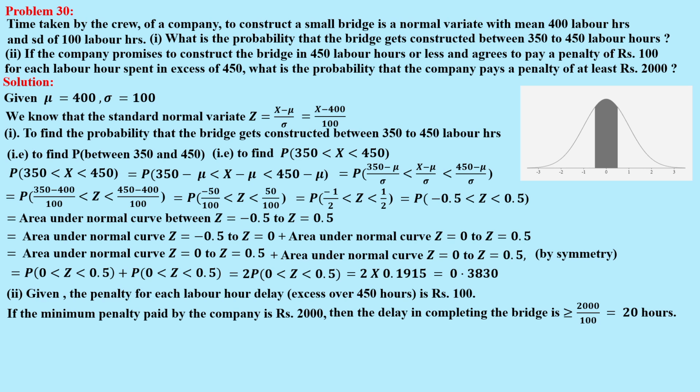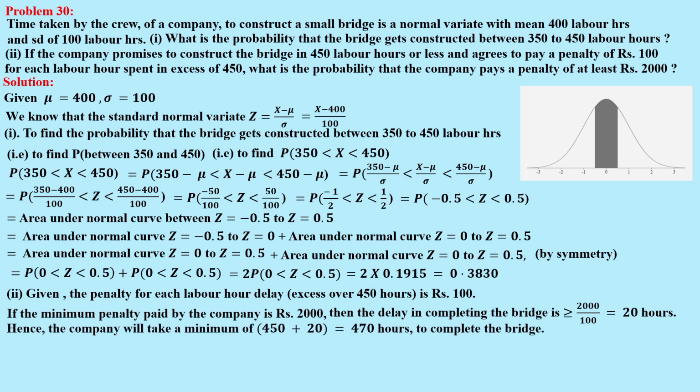To calculate the exceeded time, 2,000 by 100 you will get 20, that is the exceeded hours. Hence the company will take a minimum of 450 plus 20, that is 470 hours to complete the bridge. Then only they will pay ₹2,000 penalty, right? So we will calculate the probability x greater than or equal to 470.